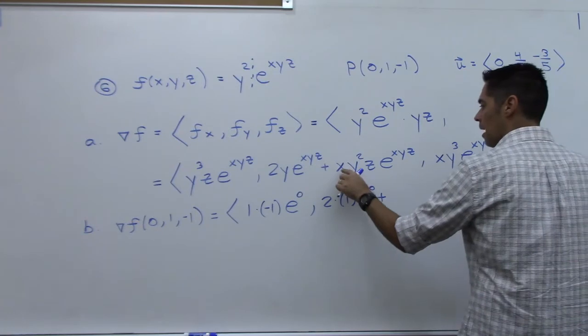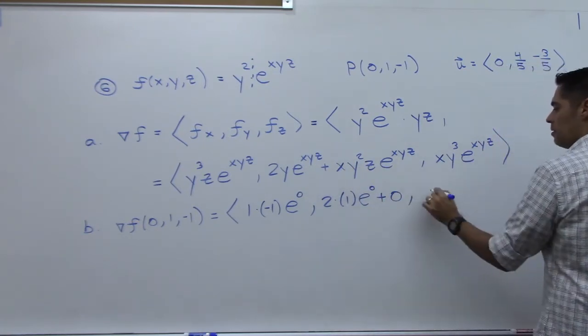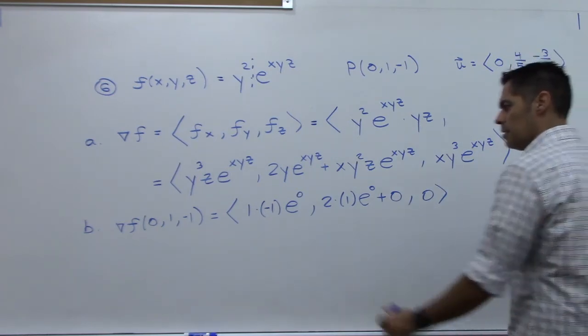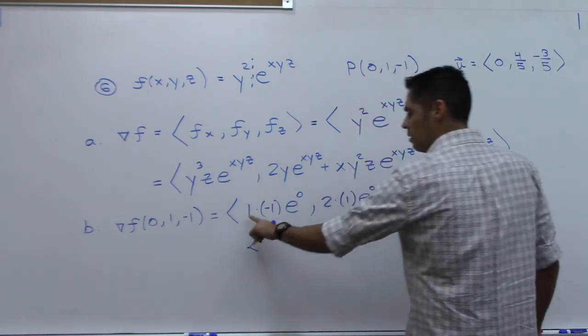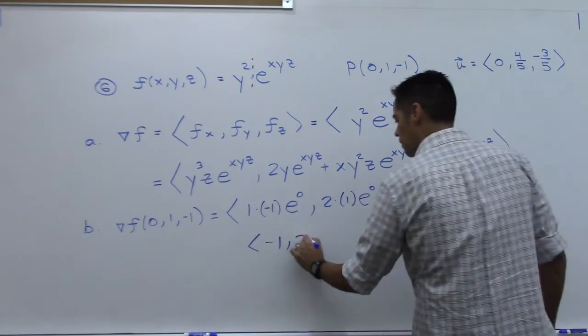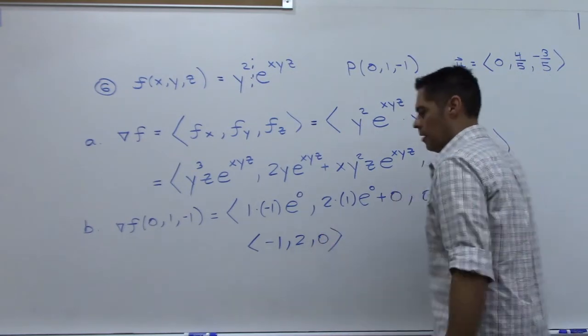Plus, and then here, x is 0, right? So this is all gone. And then over here, x is 0 also. So all I get is the vector, let's see, this is -1, this is 2, and this is 0.